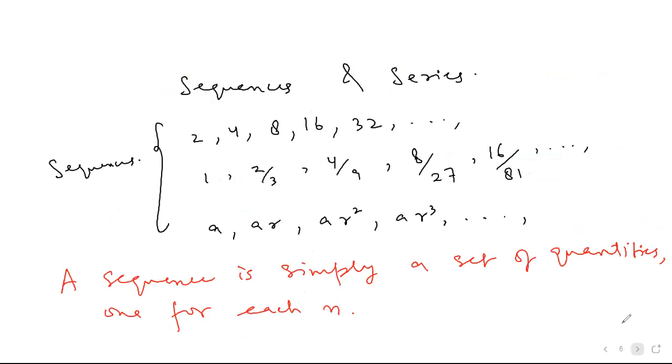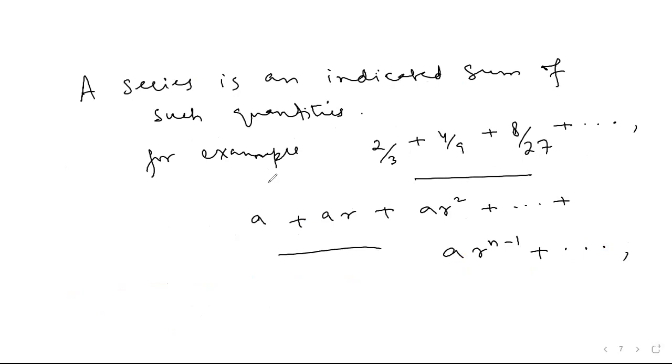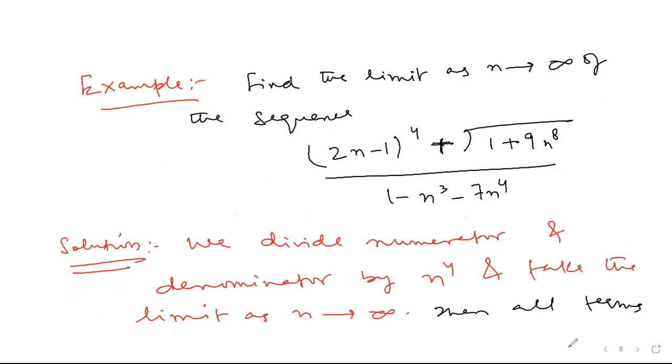Then we defined sequence. A sequence is simply a set of quantities, one for each n. So this list is a list of sequences. Then when we add these quantities, we form a series, as this is a series and this is a series. Then we discussed this example about the limit of this sequence as n tends to infinity.